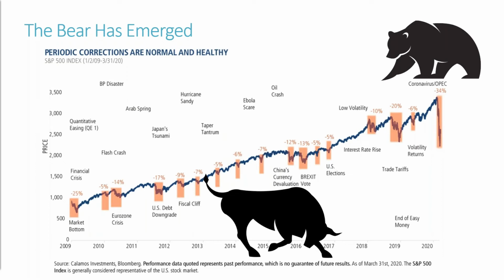It had been 11 years of a bull market, and once we hit that 20% drop, we entered a bear market and put the stamp on the end of that 11-year bull market, in the S&P 500 stock index. All the other indices, the Dow Jones and NASDAQ, entered a bear market around the same time.